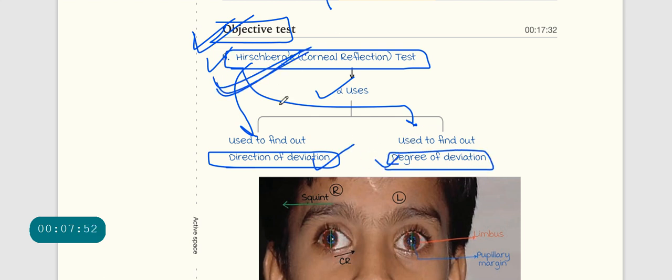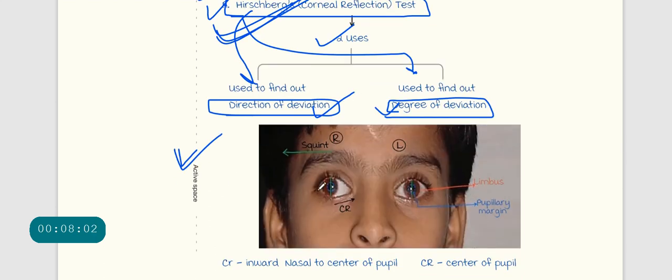Here is an image which explains how we are going to detect the deviation. Basically we are going to put the light on the eyes, and you can clearly see a white dot over here and here. This is nothing but the reflection of the light which appears on your eyes. On the patient's eyes you can see this whitish colored reflection in the middle part, and this will help us to identify the divergence.